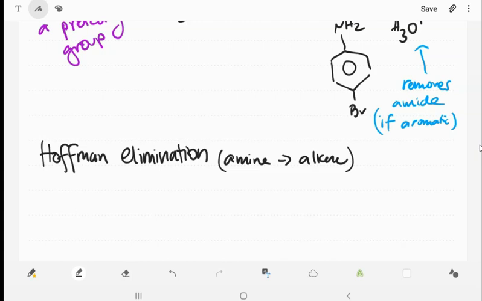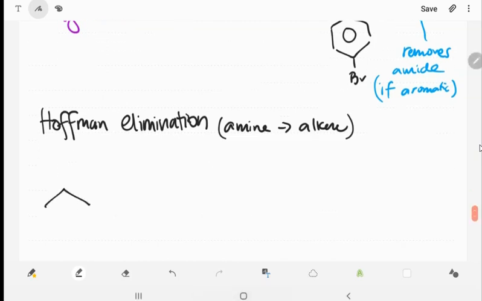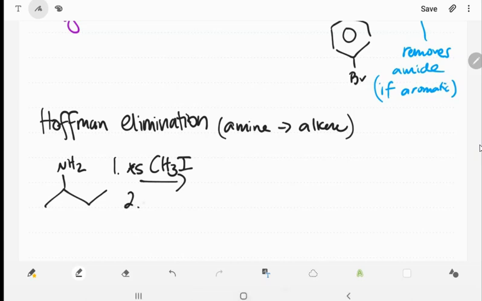So we can take a handy dandy amine, go crazy with the methyl iodide, an alkylating agent, and then we'll use a nice base like silver oxide. This is pretty common, and we will end up getting the Hofmann product, where that's the less substituted one.